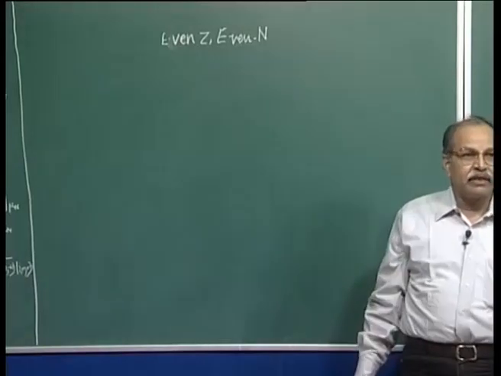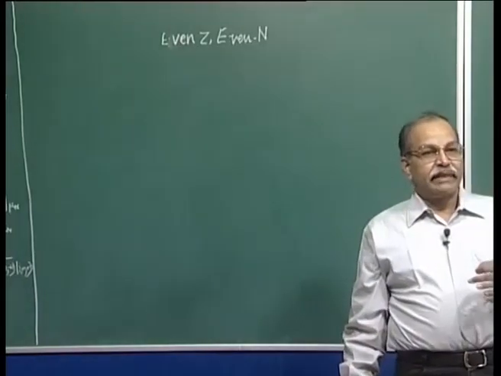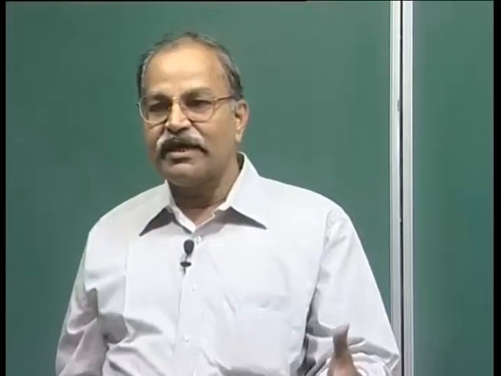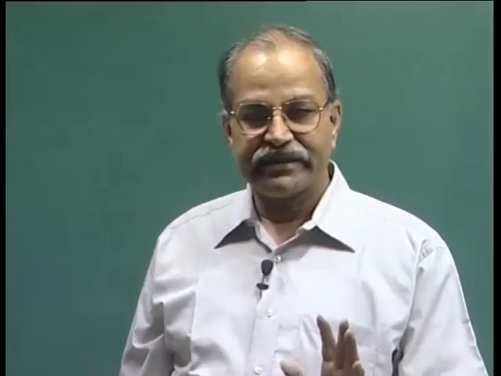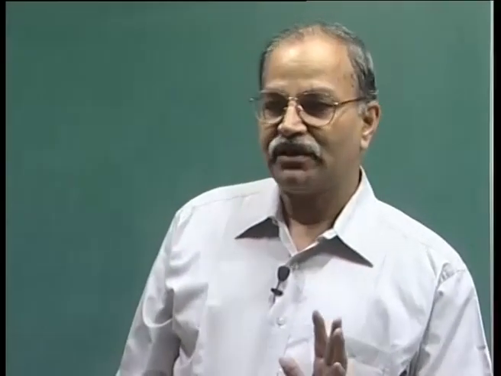So, the extreme single particle shell model will predict that for all even nuclei, the magnetic moment should be 0, and by and large this is consistent with the experimental observations.